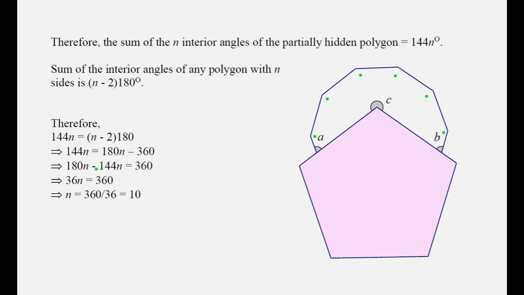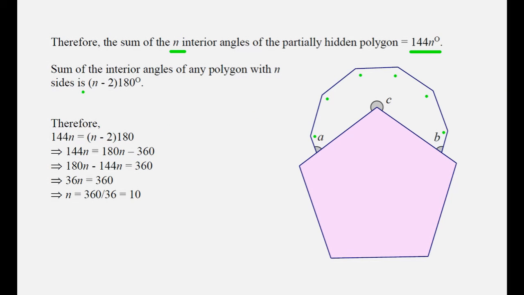If the hidden polygon has n sides, that's what the question says, it will have to have n interior angles, and each interior angle is 144, so n of them will be 144 times n.